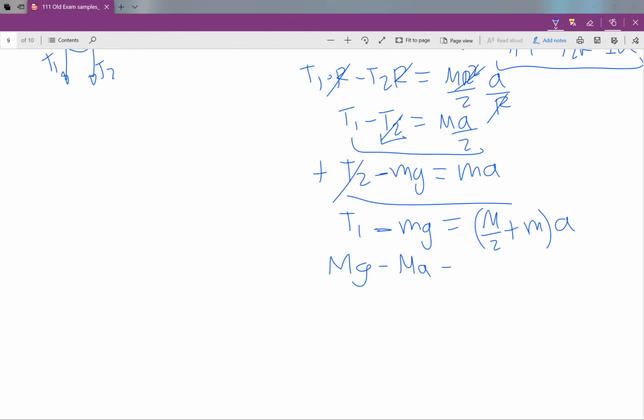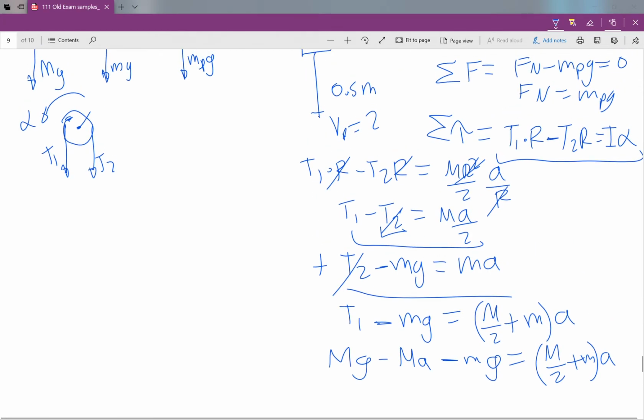That's going to be T1 minus little mg equals big M over 2 plus little m multiplied by the acceleration, the linear acceleration.